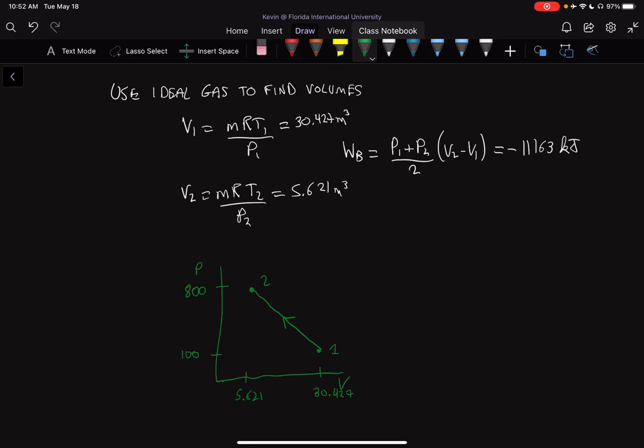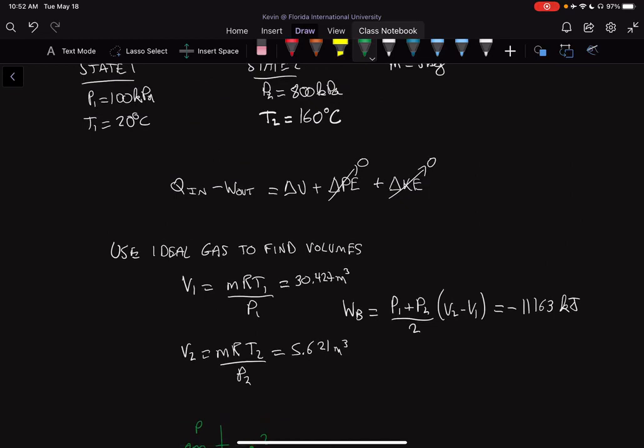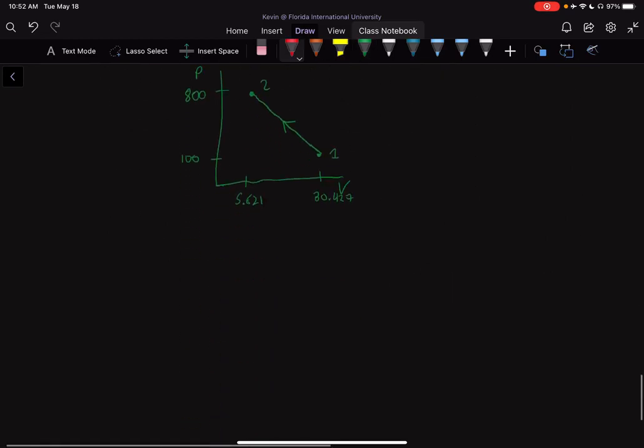So now going back to our energy balance equation, we can rewrite it at the bottom, saying that Q in is equal to work boundary out, what we have as work out, plus M CV T2 minus T1.